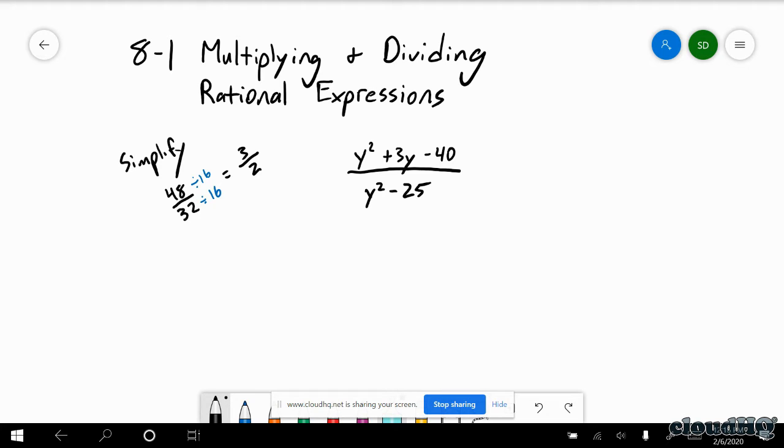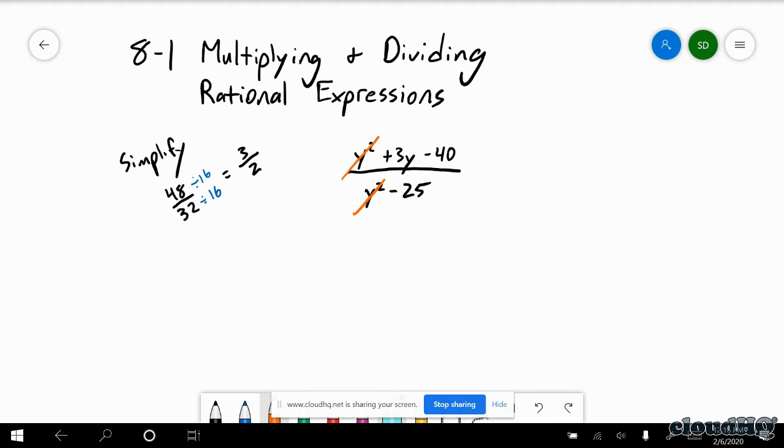If I ask you to simplify that problem, what would you notice? What I'm going to do now, don't do, because it actually doesn't work, but I see it happen a lot: you might be tempted to see the y squared and y squared and think that you can cancel those out. In reality, you actually cannot.